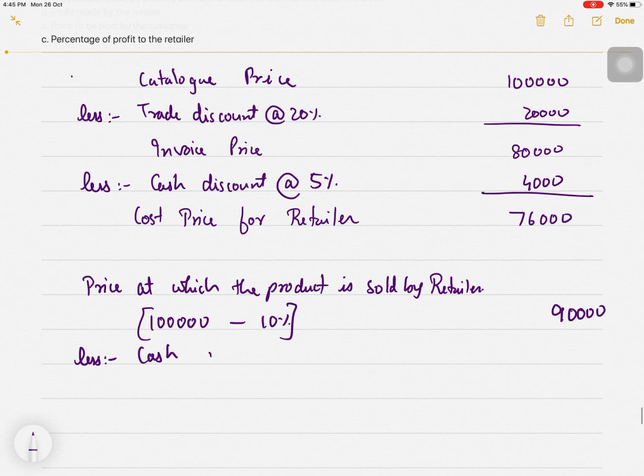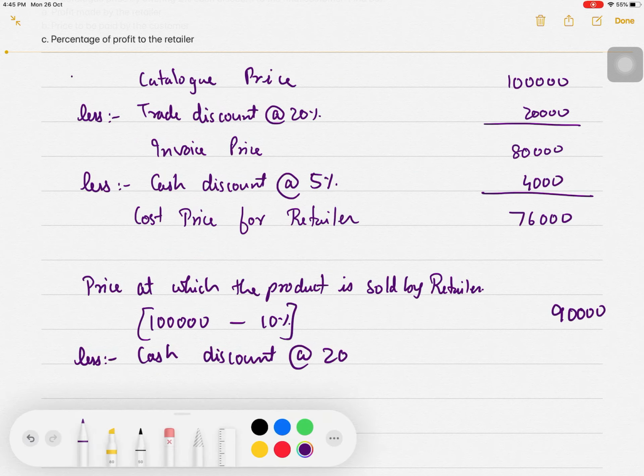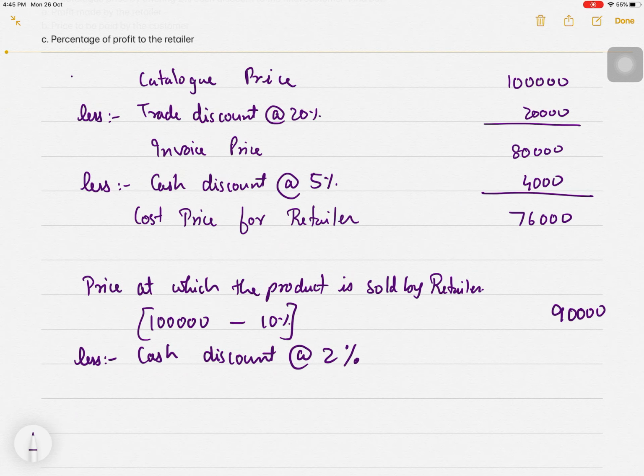So less cash discount at the rate 2%. Okay. So 90,000 into 2% comes to 1,800. So when you subtract 1,800 from 90,000, you get 88,200, right?